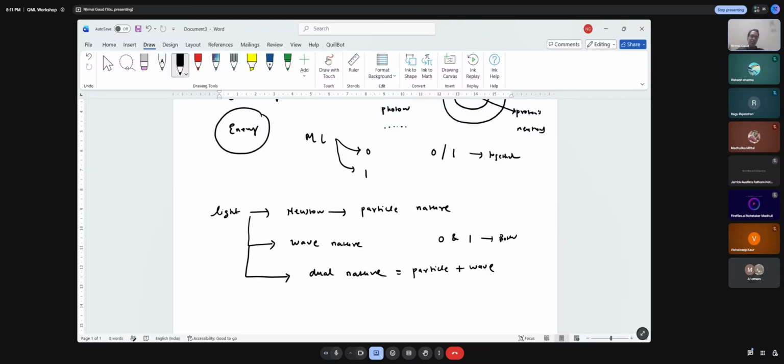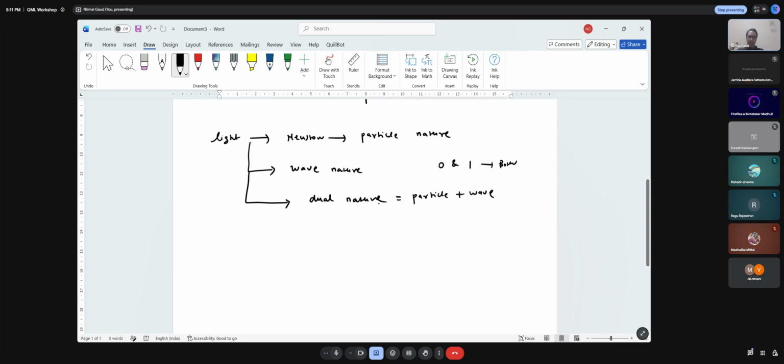In general, machine learning has either 0 or 1, but we cannot have an answer of both 0 and 1. But in quantum, we can have a state where both 0 and 1 can be present. That is what superposition means.